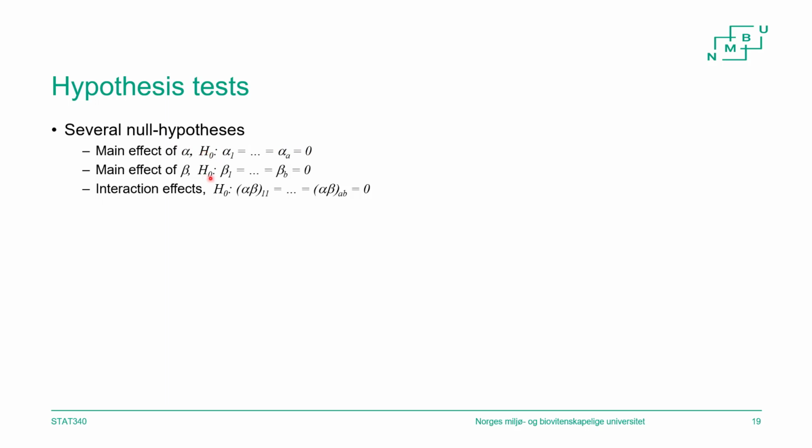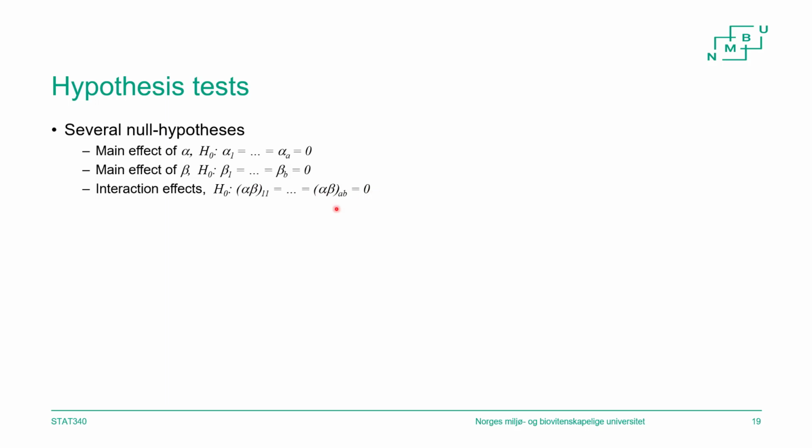Or we can have the other null hypothesis here saying the same about factor beta. So these are main effects, right? Main effect of alpha: regardless of which level you choose, the response will be the same. Main effect of beta: regardless of which level you choose, the response comes out the same. There is no effect of beta either. Or you can test the interaction. The null hypothesis for the interaction is again that all of them are 0, right?